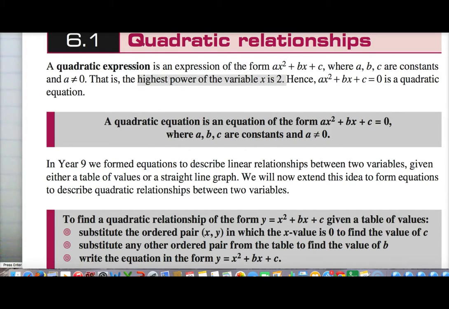An expression would just be this bit that I'm highlighting here, ax squared plus bx plus c with no equals 0. It's an equation once you put equals 0 or equals something else. That's a really good question.